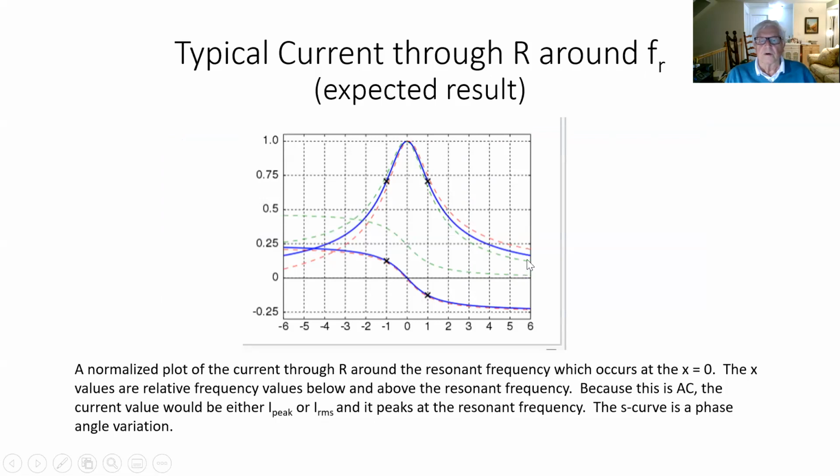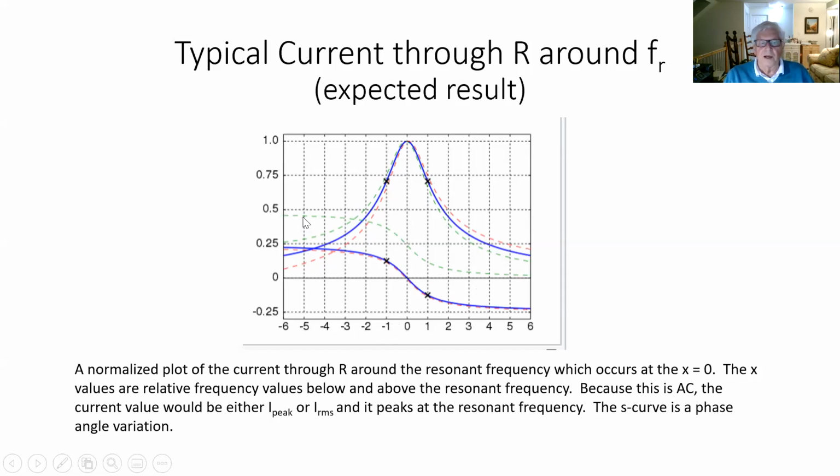This is normally what's seen: a peak in current, where we measure everything relative to the natural frequency, fR, which we establish as the zero point. Then we have a frequency increase and a frequency decrease. As we decrease in frequency, it slopes down, and as we increase in frequency, it slopes down again on the opposite side.